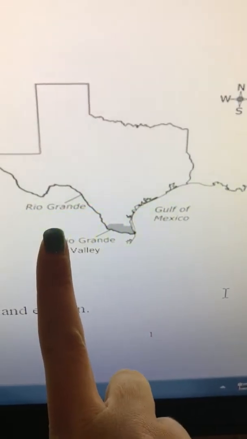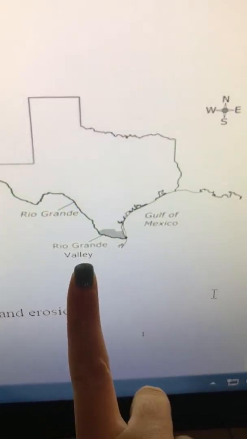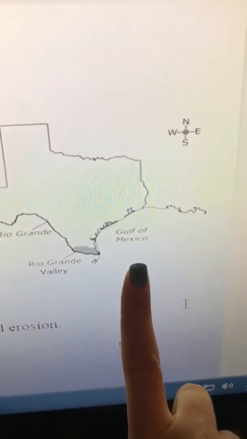G. Hurricanes pushed soil and debris from the Gulf of Mexico onto land. H. The river cut through the solid bedrock of the valley. J. The river deposited large amounts of sediment from land erosion. On the picture, this says Rio Grande Valley, Gulf of Mexico. You may pause the video now.